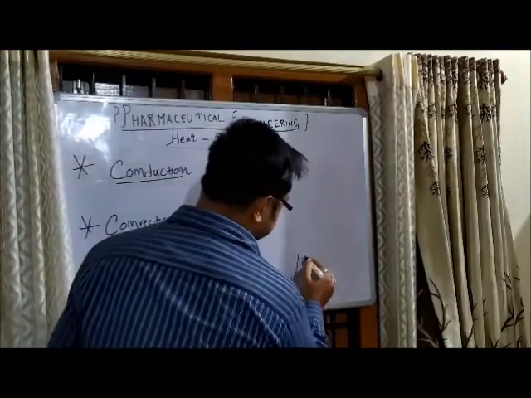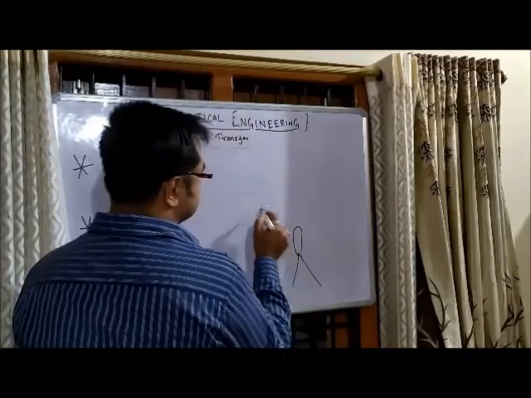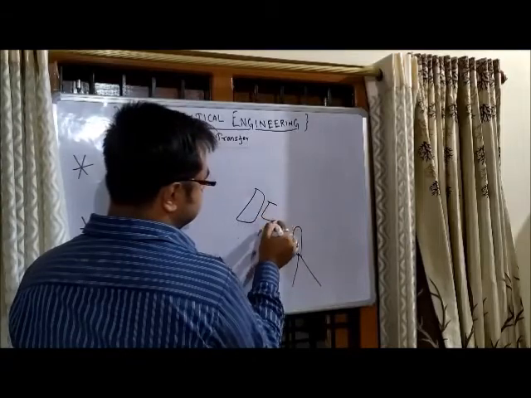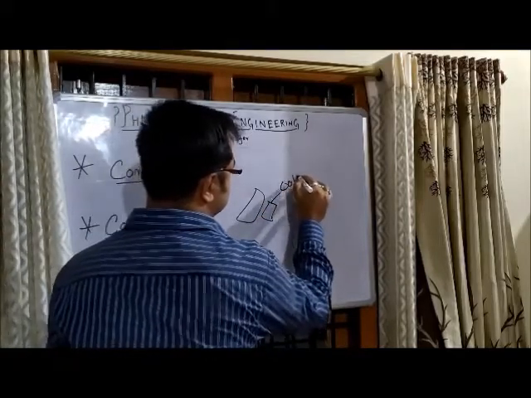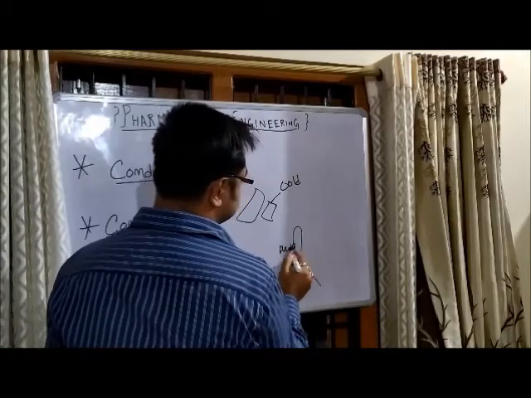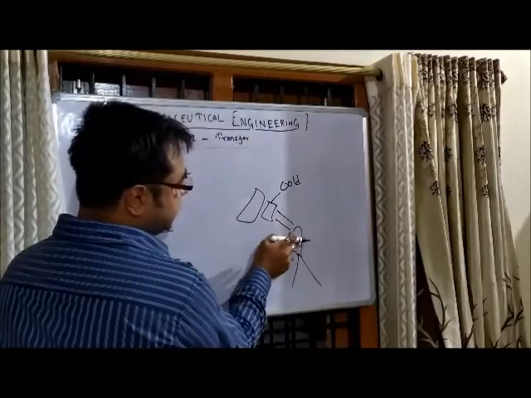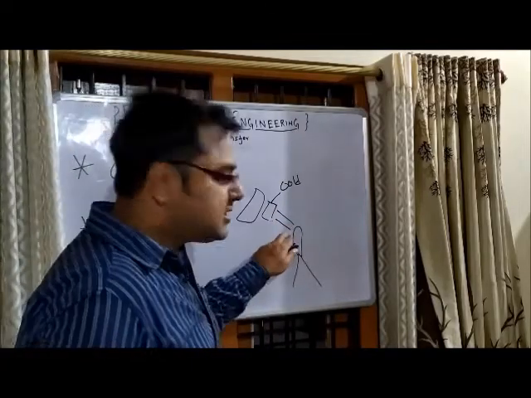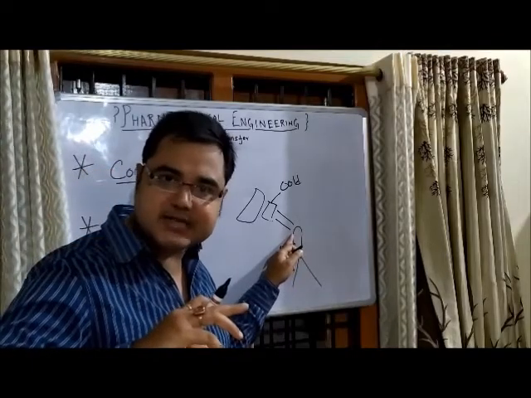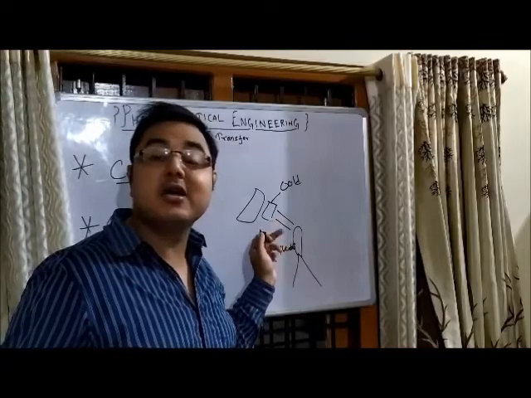Suppose this is the heat, and we are holding our hand at this position. This part is cold and this is heated. This is the air present in between. In this part the air has more energy because heat is present there; here the heat is less, it is cold, so it has less energy.